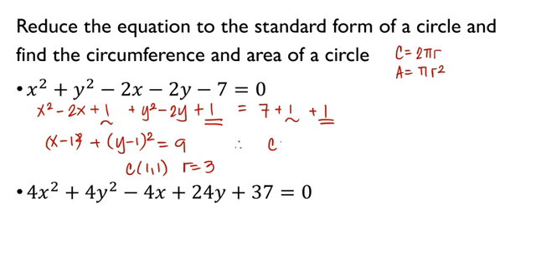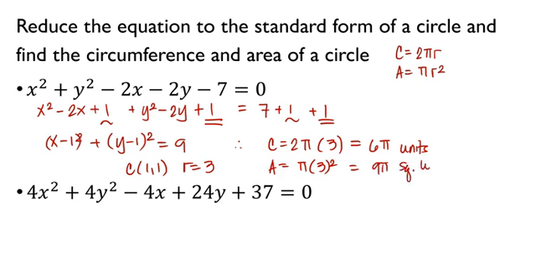So the circumference is 2 times pi times the radius. So that means this circumference is 6 pi units. And then the area is pi r squared, or 9 pi square units.